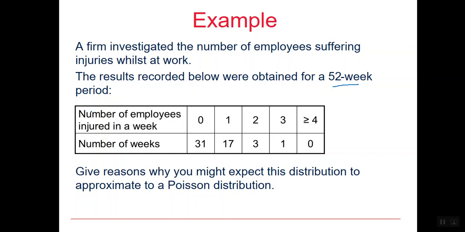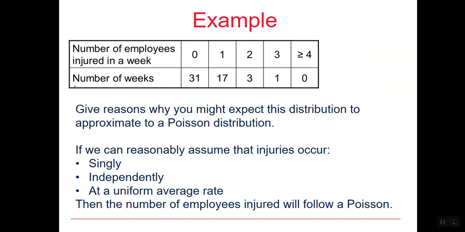So you should recall that previously we said in order to use a Poisson distribution, we must assume that events occur singly, one at a time. And I think we can reasonably assume that injuries occur one at a time in this case. Also that they occur independently of one another and at a uniform average rate. So we're going to assume that these things happen and follow a Poisson model.